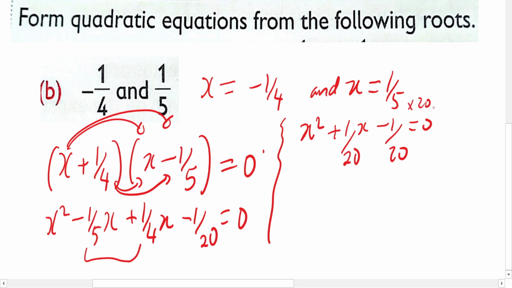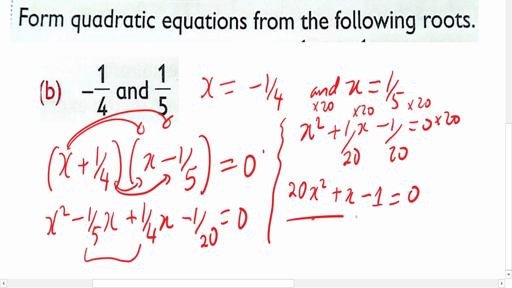Your equation is supposed to be this way: 20x squared plus x minus 1 equal to 0.